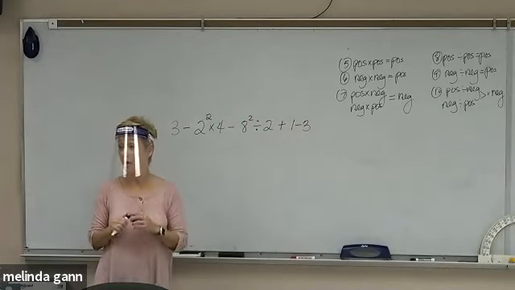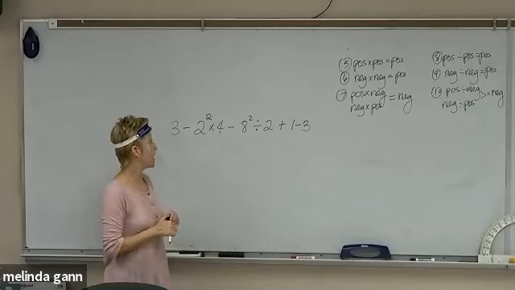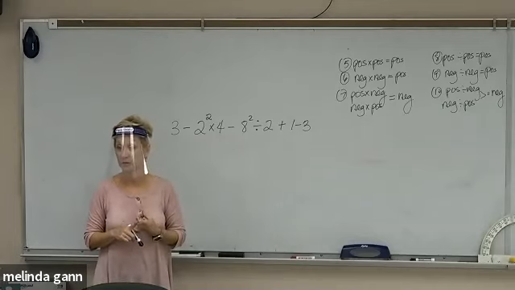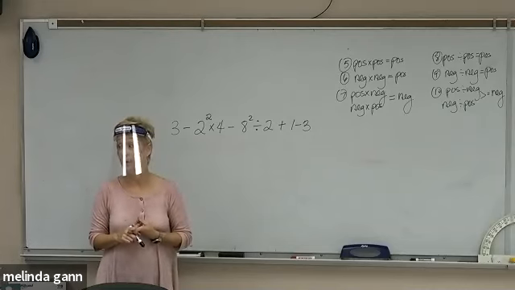So they may be strung out all over the place. Okay? So we've got to follow our order of operations. What's the first thing we always look for in order of operations? Parentheses. All right, do I have any in this one? No, if I did, I would do it.